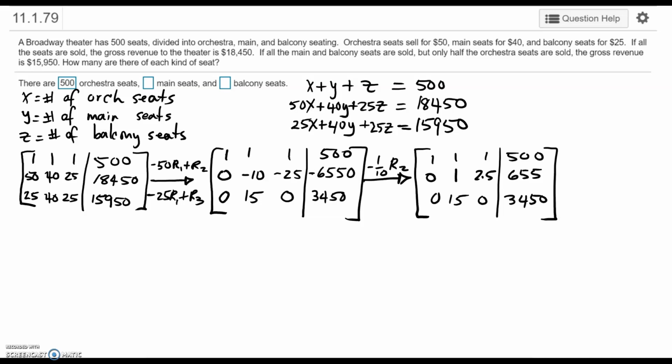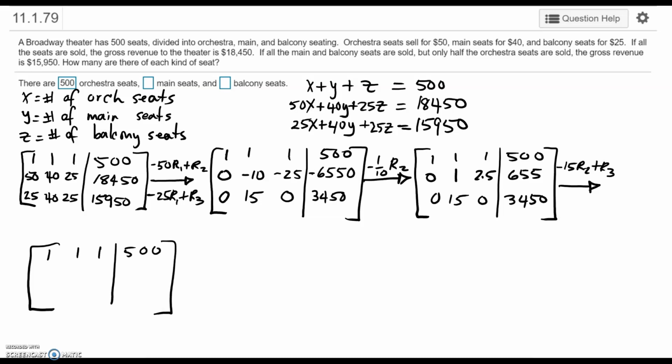I now need to get a 1 where the 15 is. To do that, I'm going to multiply a negative 15 times row 2 and add that to row 3. In doing that, my first row stays the same.